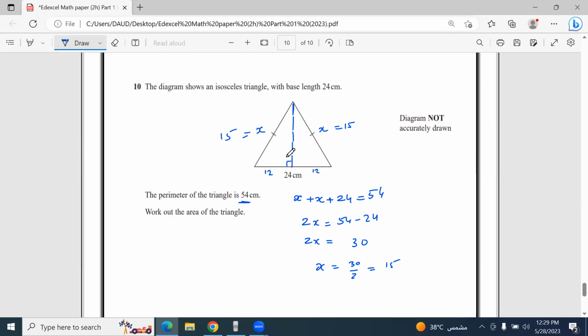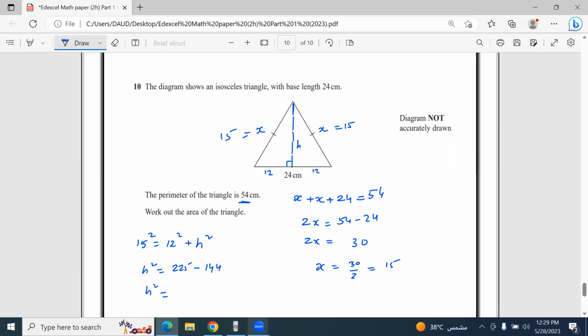So we have a right angle triangle, and we can apply Pythagoras theorem, and the longest side, which is opposite to the right angle, is 15. So 15 square is equal to 12 square plus, let's suppose this is h, we don't know, h square. It means h square is equal to 225 minus 144.